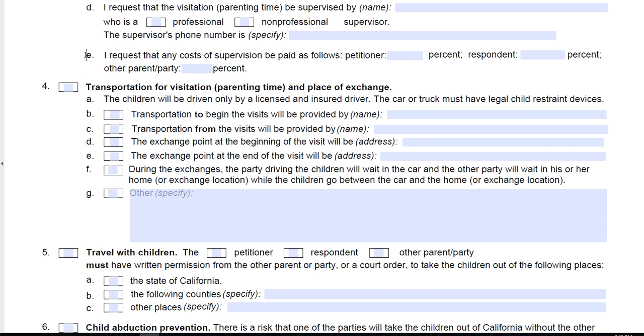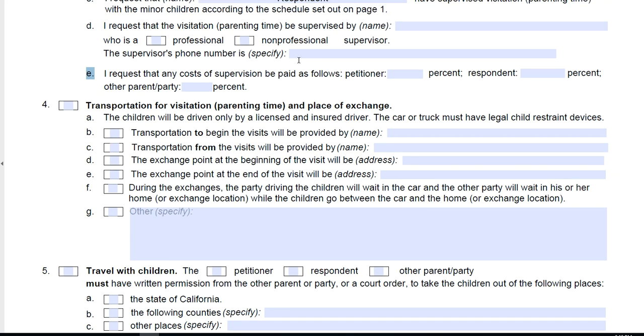Okay, under E down here, you can allocate the cost of the supervision. For example, if you are going to have a professional supervise visits and the professional is going to charge $100 per visit, you can decide that petitioner will pay 20% and respondent will pay 80% of the supervision cost.